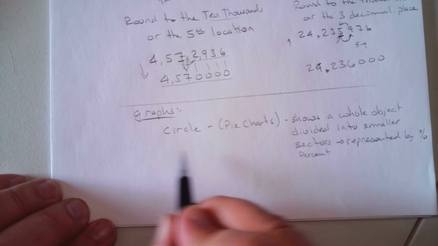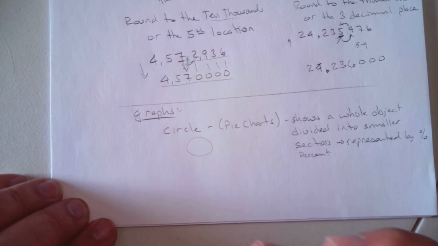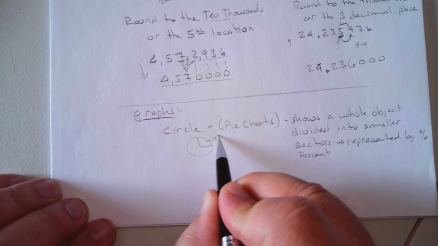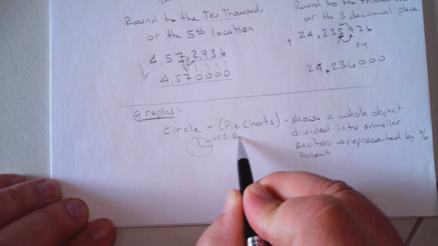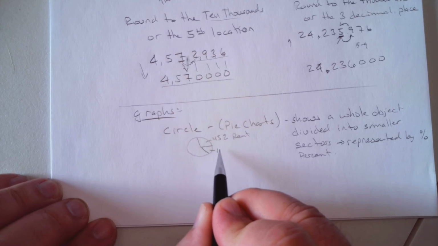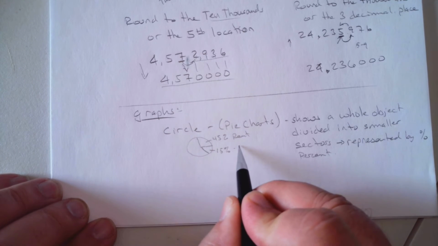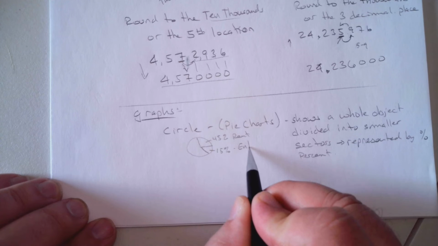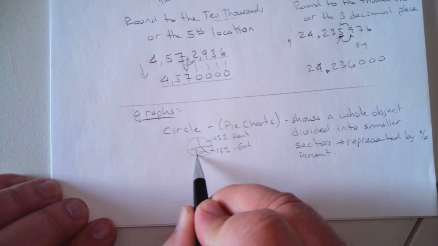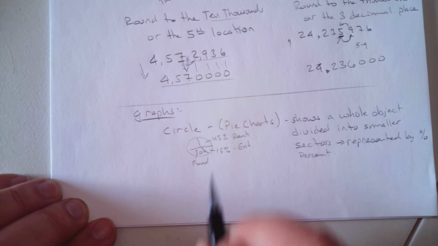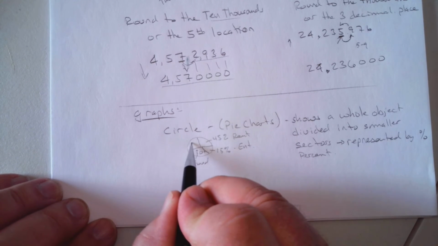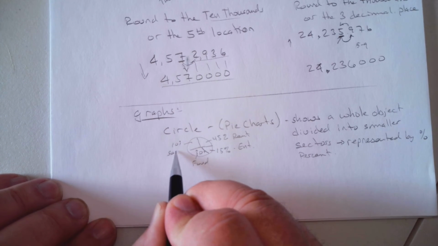So if you did one for your budget, you have the whole circle there. You have, let's say, 45% goes to rent, 15% goes to entertainment, 30% goes to food, and then 10% savings.